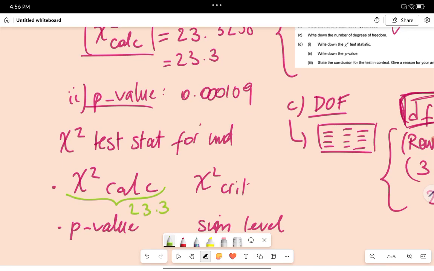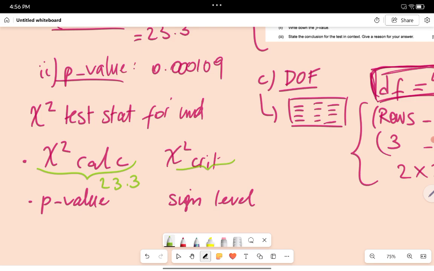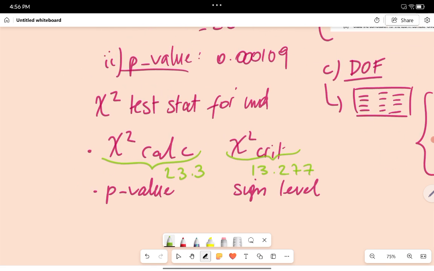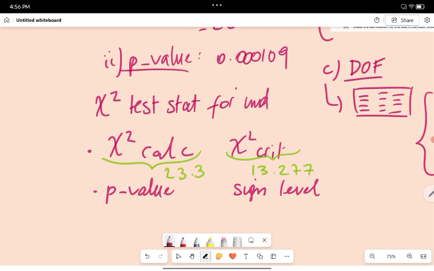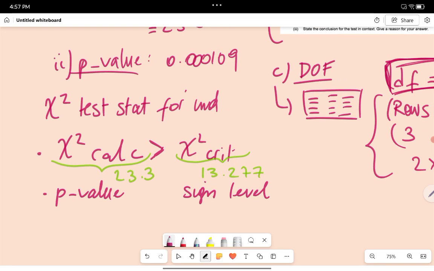What is the chi-squared critical? That one will be given. They say the critical value for the test. So the critical value, they mean this, the chi-squared critical is 13.277. Okay? So in this case, if we use this method, if the chi-squared calculated is bigger than the chi-squared critical, which is the case here, what happens?